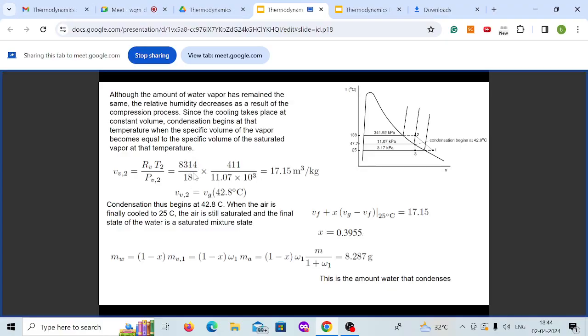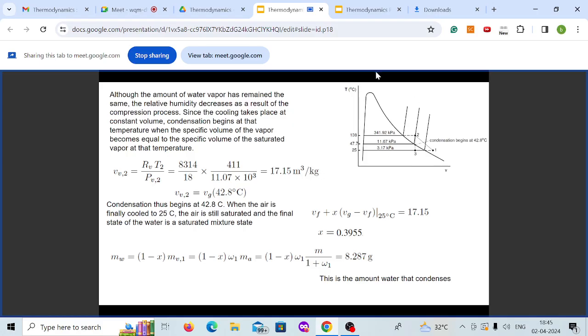So this is the gas constant, 8.314 divided by molecular weight, into temperature, divided by the partial pressure of water. That will give you the specific volume at state 2 as 17.15 meter cube per kg.